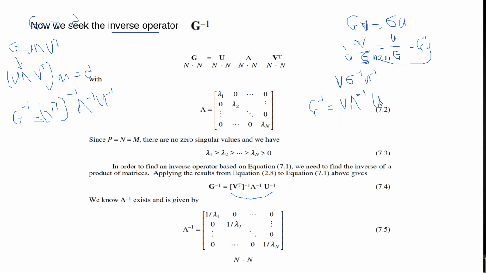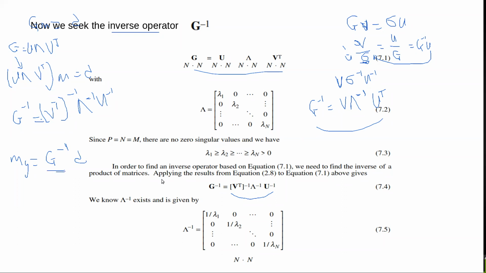G is given by this, and the inverse of G is given by this. So our estimate can now be found, because for any matrix we can find the inverse, for the data d.